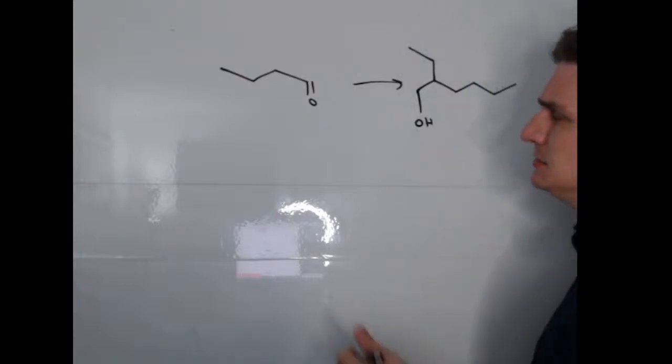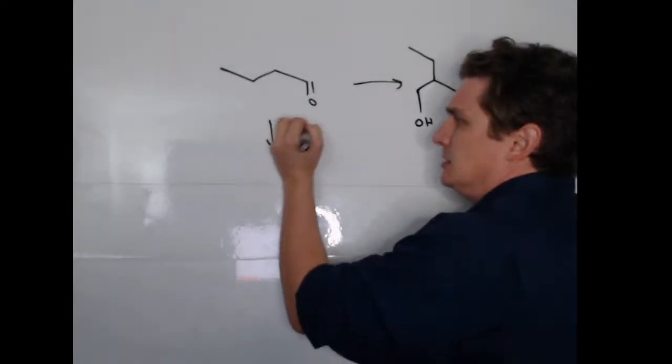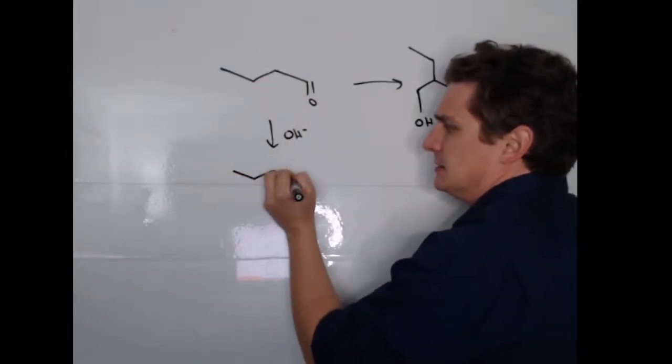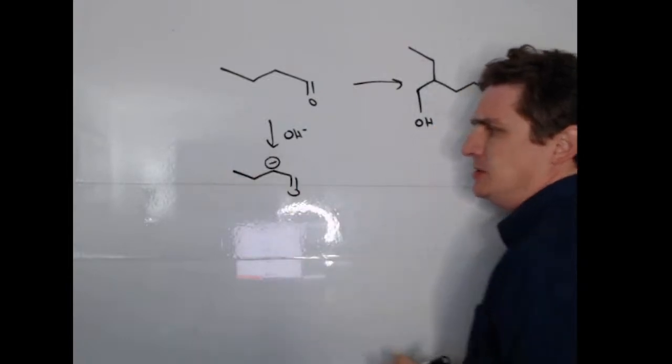So you start with butanol. The hydroxide here should abstract a hydrogen to give you that.